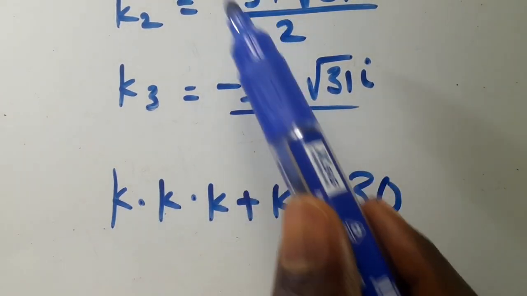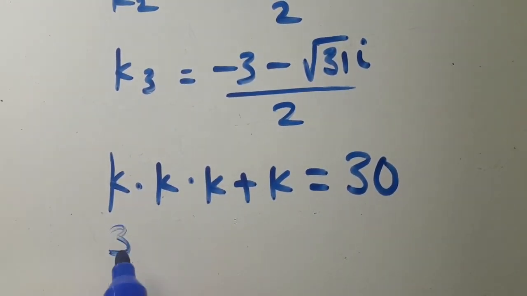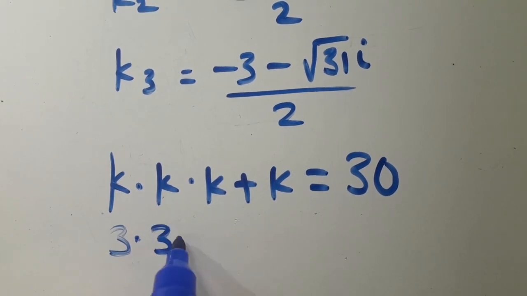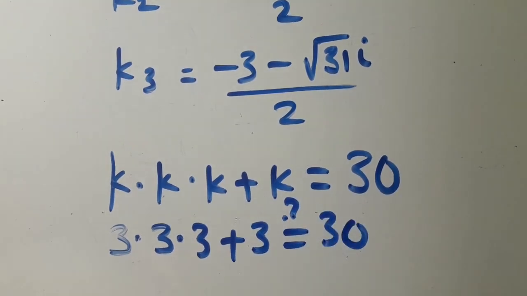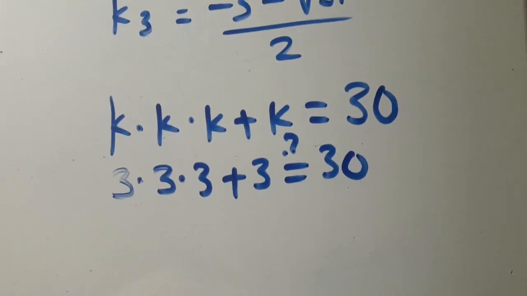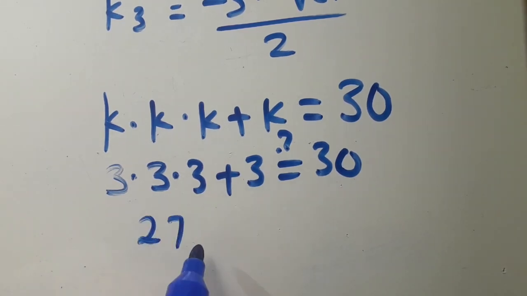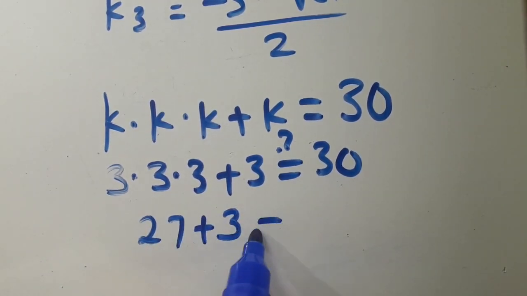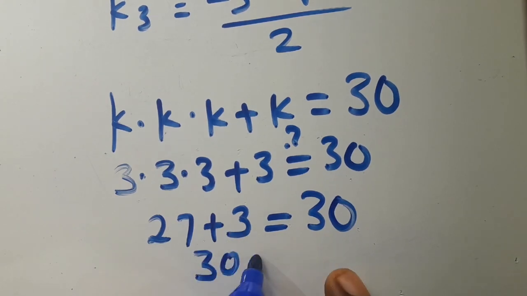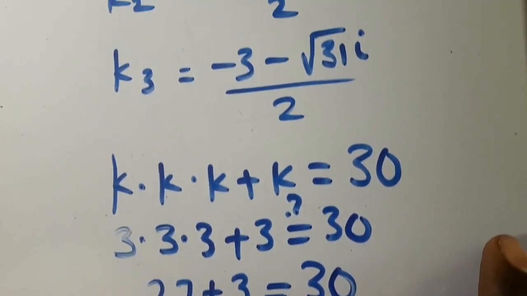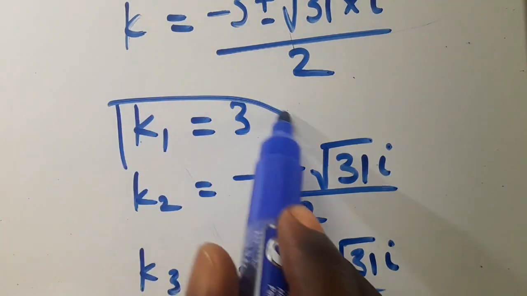When k equals 3, we have 3·3·3 plus 3, which should give us 30. 3 times 3 is 9, 9 times 3 is 27, plus 3 is 30. Because 27 plus 3 gives 30, 30 equals 30. Therefore k equals 3 is true for this problem.